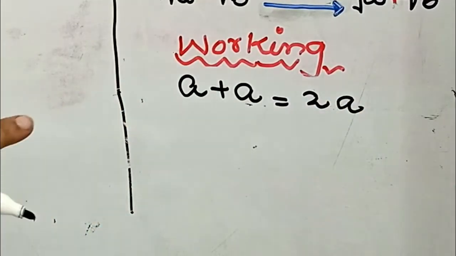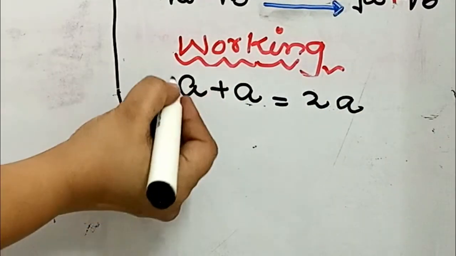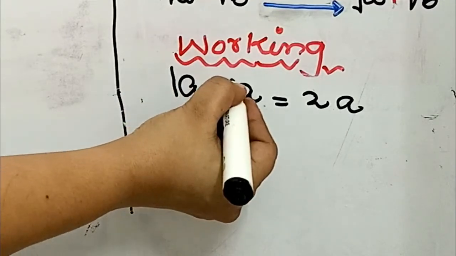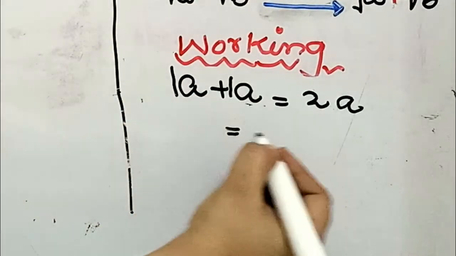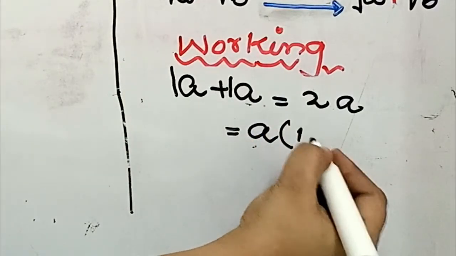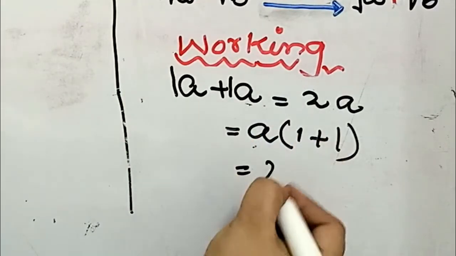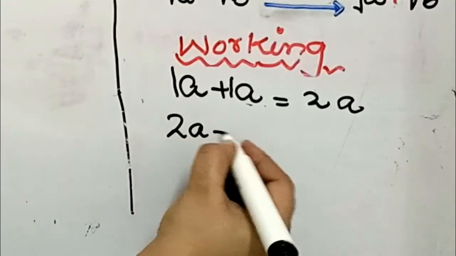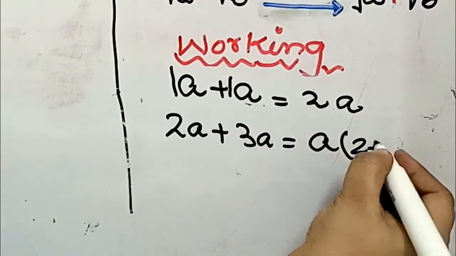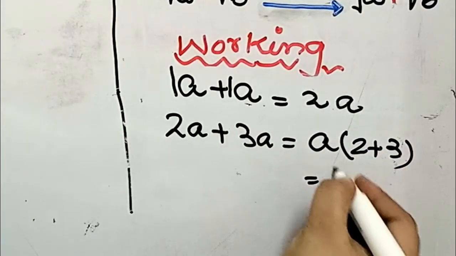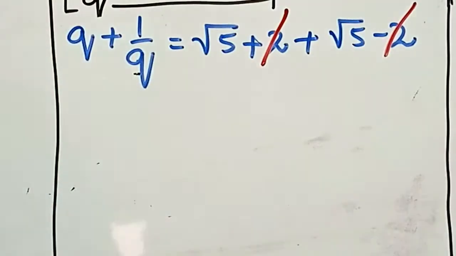It's not a square, it's 2a. It means the coefficient of this a, or we can say that taking a as common, 1 plus 1 is there, so 2 into a. If 2a plus 3a is there, a will be common, 2 plus 3, so 5 into a.